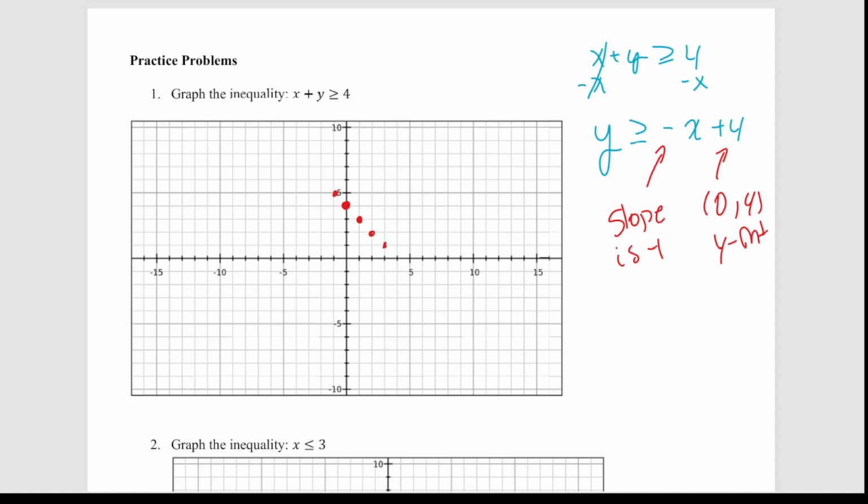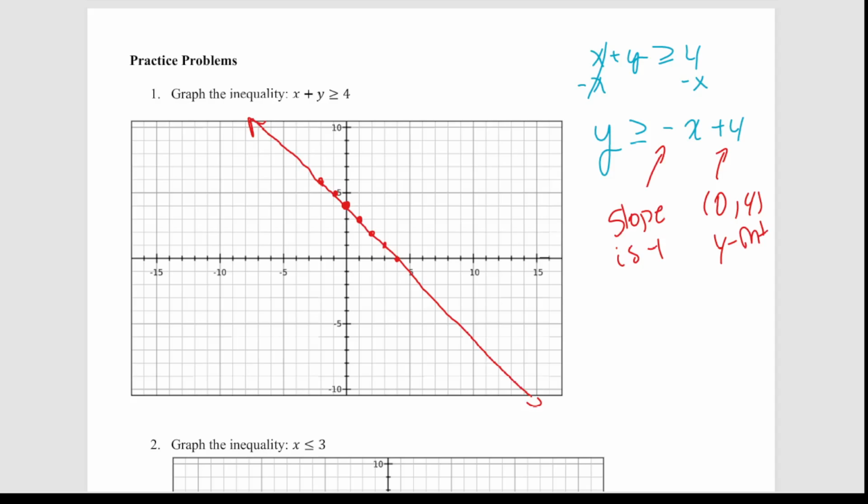Both of those would be considered equivalent. And then I need to connect it with a solid line this time. And why do I connect it with a solid line? Because it has the or equal to symbol.